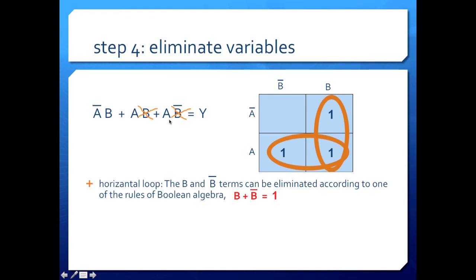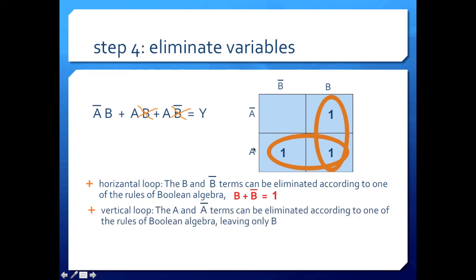Now likewise, if I look at the vertical part of this loop, you can see that I have A naught B or AB. This A naught and this A can also be eliminated because they're redundant. And that vertical loop means that if I get rid of those A's, I'm going to be left with the B. You can see up here I've taken that out here.